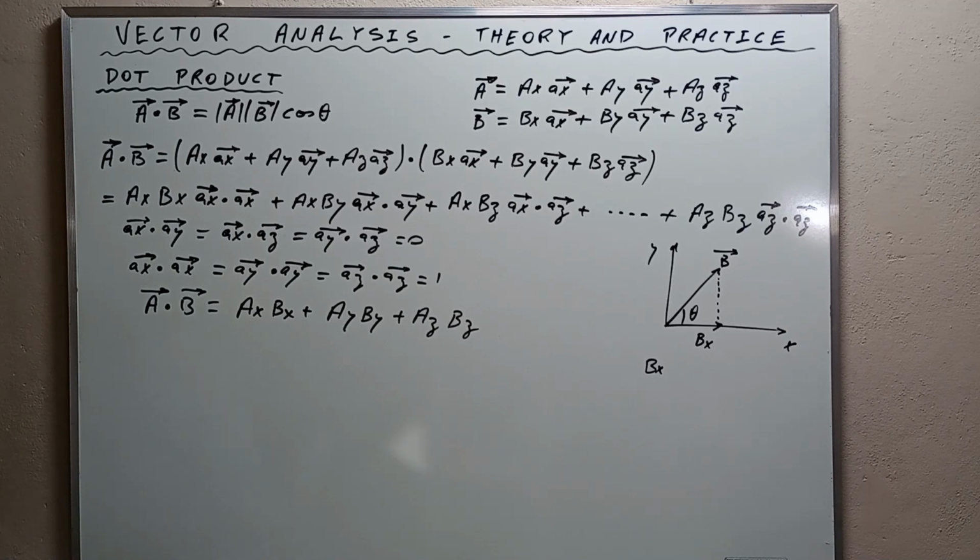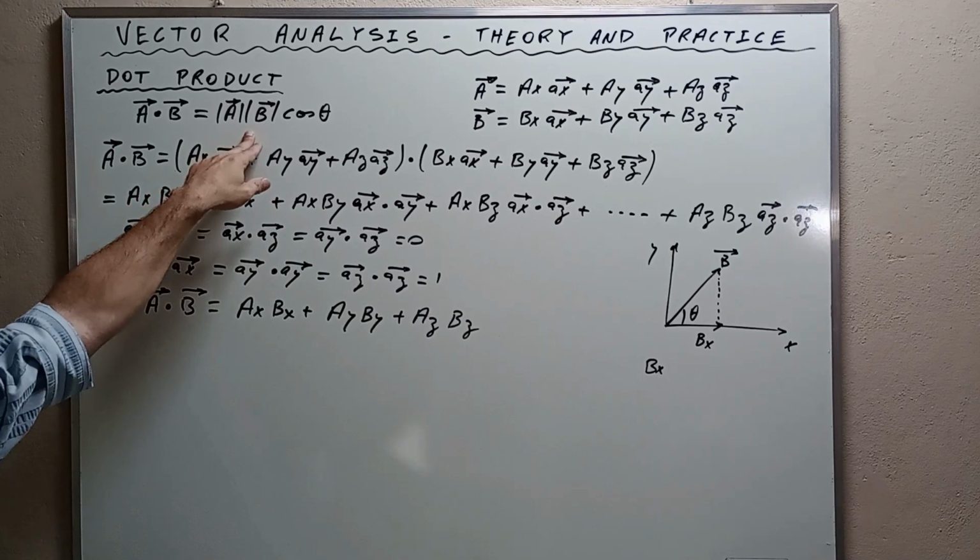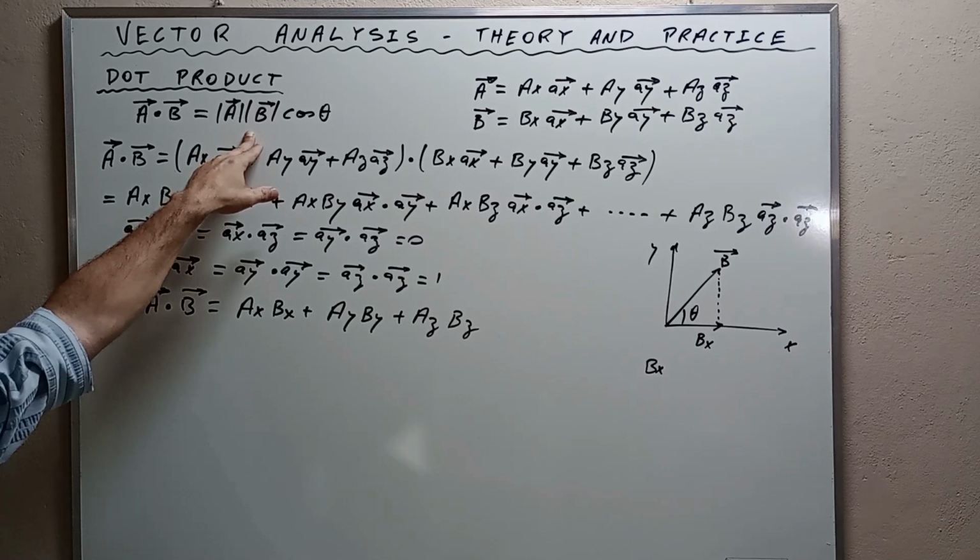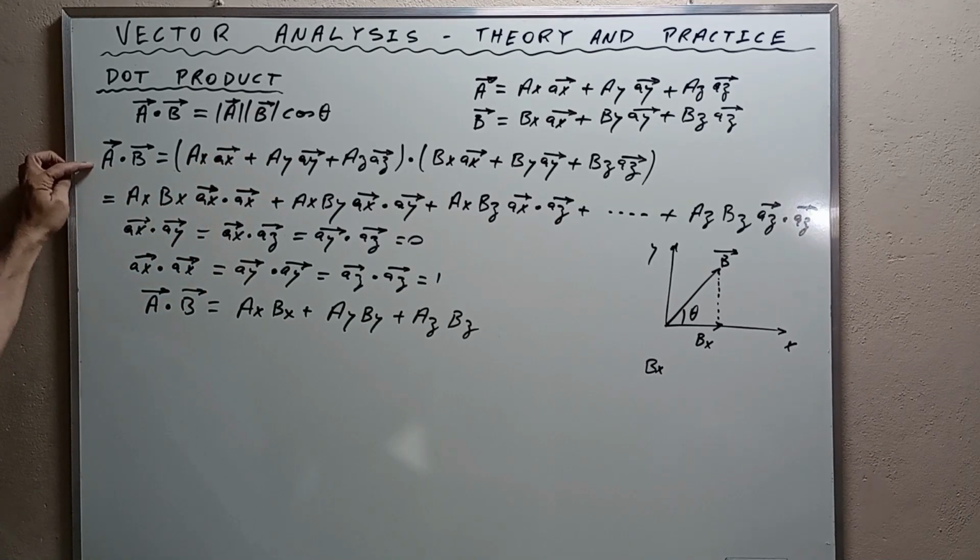What is the difference? The result of the dot product is a scalar. Okay? It is a number, not a vector. If you compute the dot product between two vectors, you're going to find a scalar, a number.